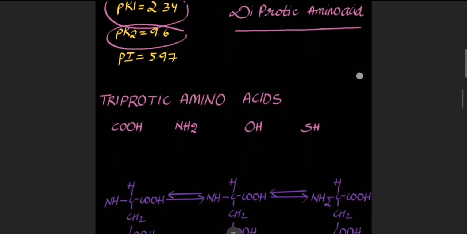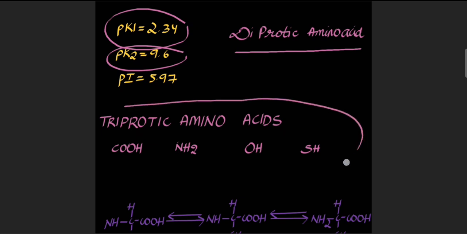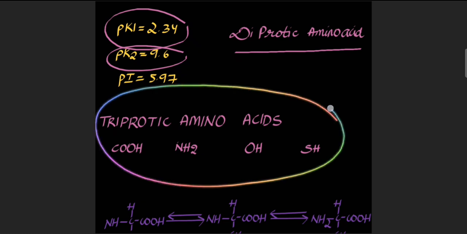Okay. So now we understood what exactly is a diprotic amino acid, right? A diprotic amino acid is an amino acid which has two groups which can either donate or accept a hydrogen ion. Now in a triprotic amino acid, the R group of that particular amino acid also contains a functional group that might be able to donate or accept a hydrogen.